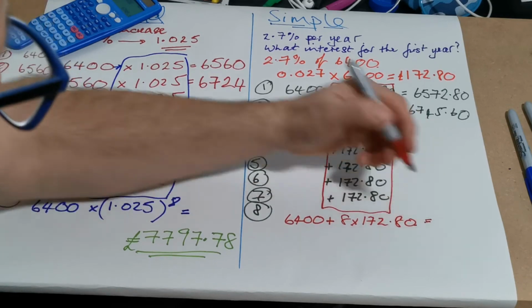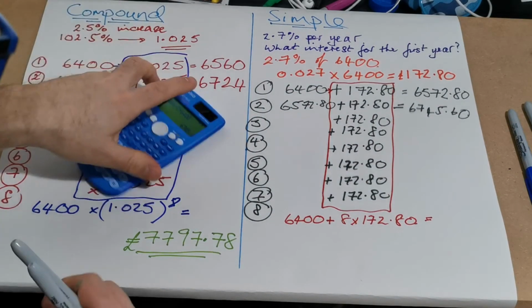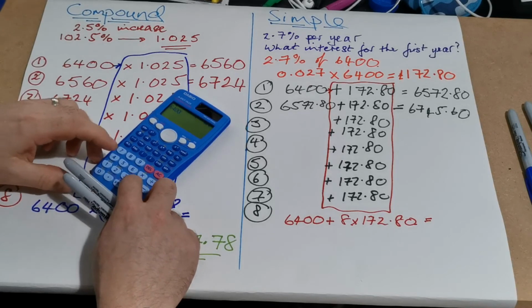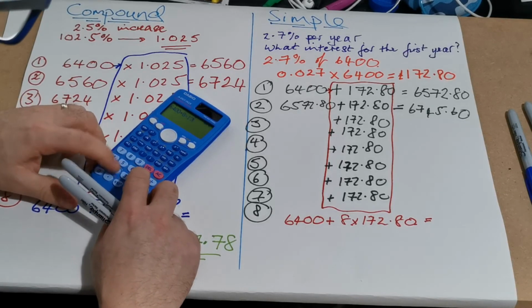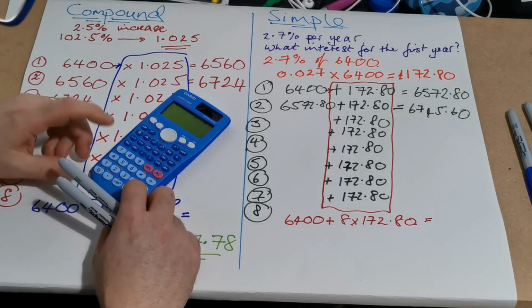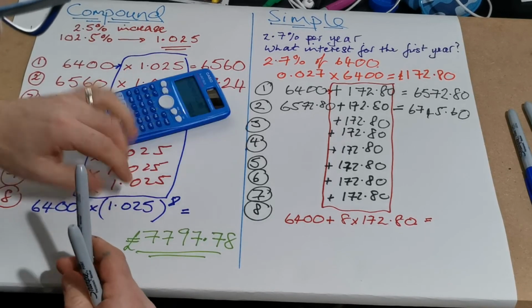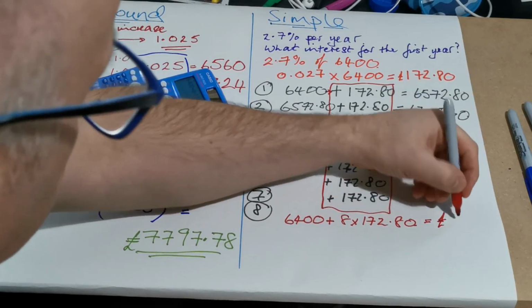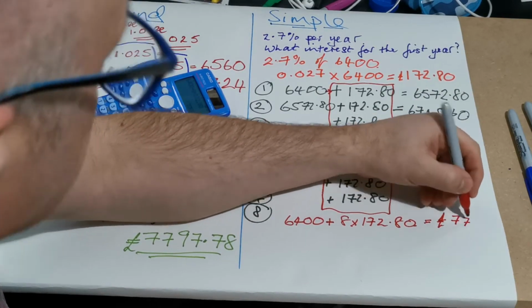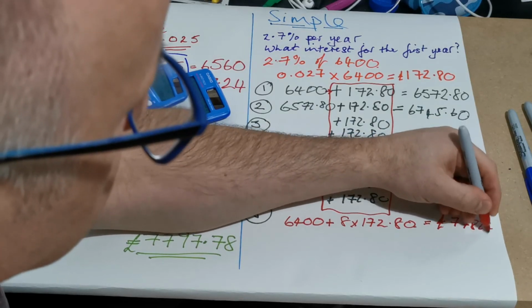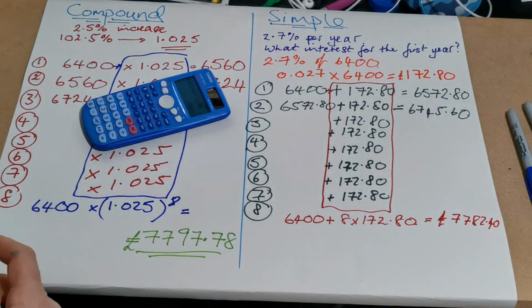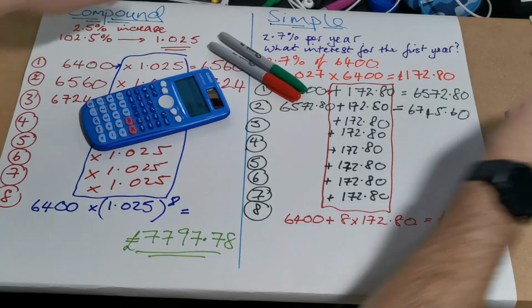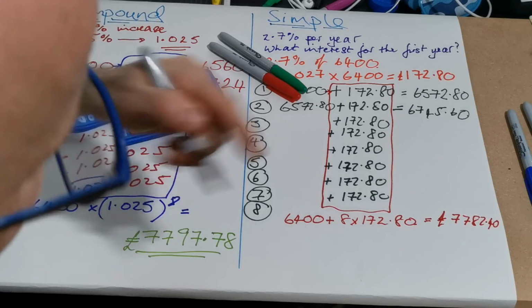And that gives me a figure of 6,400 plus 8 times £172.80, which is £7,782.40.